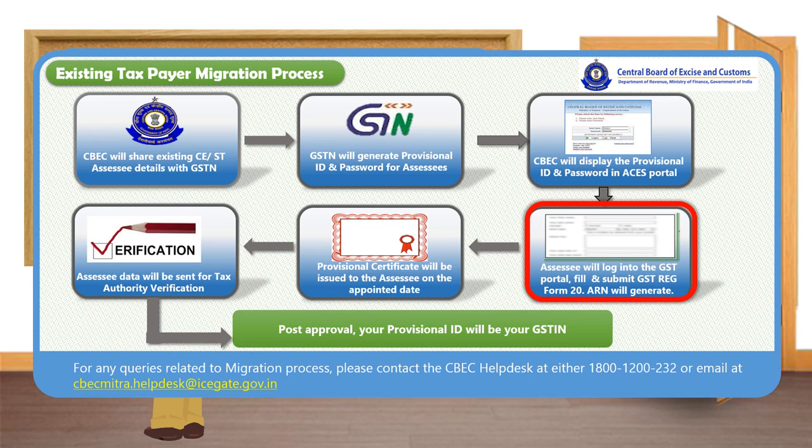On the GST portal, they have to fill in and submit the registration Form 20 along with the relevant documents. A provisional certificate will be provided to the taxpayer against the application to do transactions under GST for the time being. The application will then be sent to the tax authorities for verification. Once approved by them, the provisional ID will get converted into the final GSTIN after the date GST becomes effective.